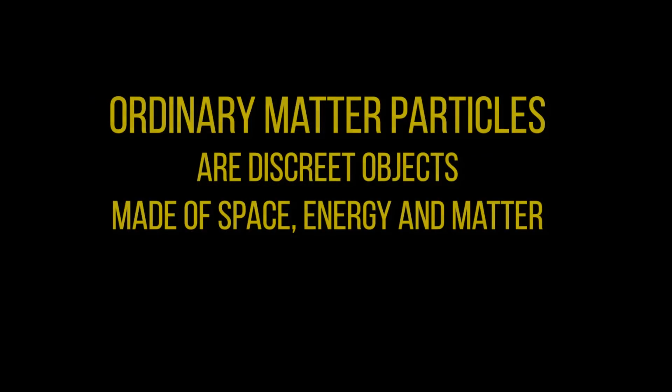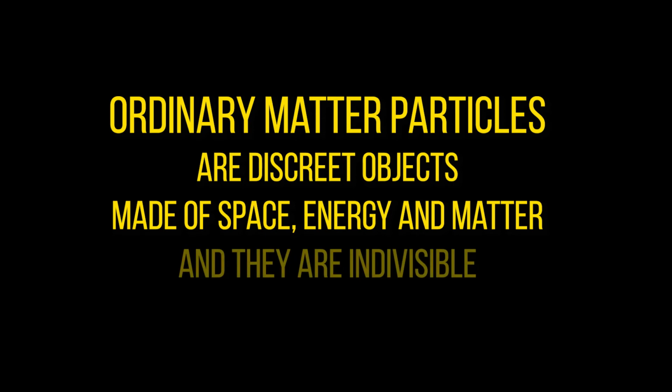We'll review how this is done in more detail later, but for now, let's just keep in mind that ordinary matter particles are discrete objects. They're made of space, energy, and a little matter. And they're indivisible. You can't have half a quark.